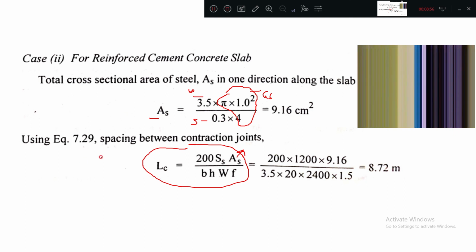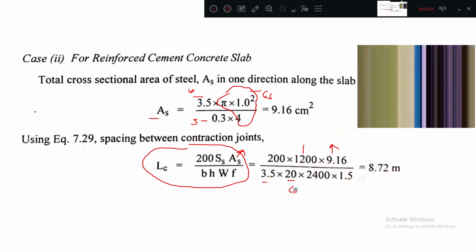Now the spacing between contraction joints, direct formula: 200 SS AS divided by B H W F. SS is the allowable tensile stress in steel. Area of steel is 9.16 centimeter square. This is B, this is H in centimeter.